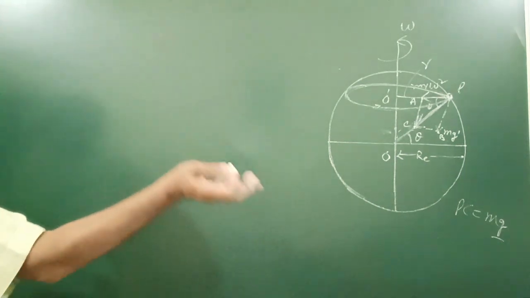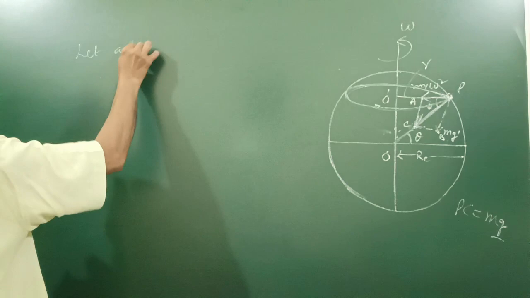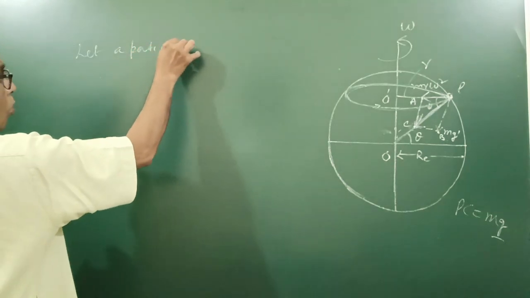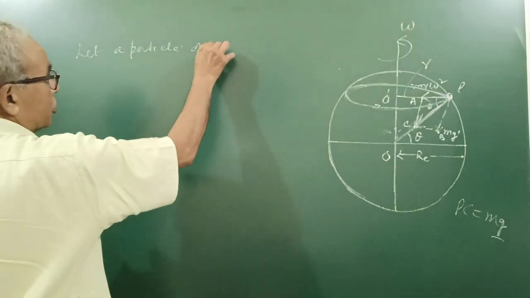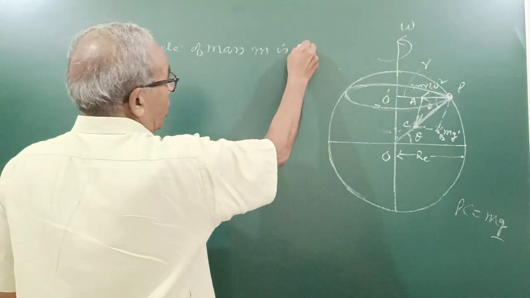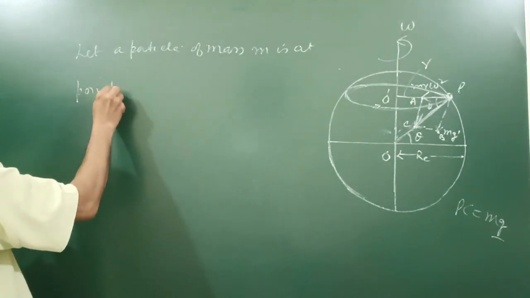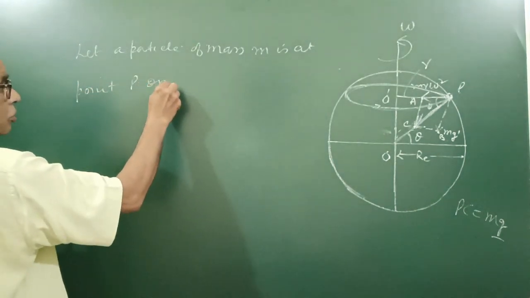So I am writing simply: let a particle of mass m be at point P on Earth's surface.